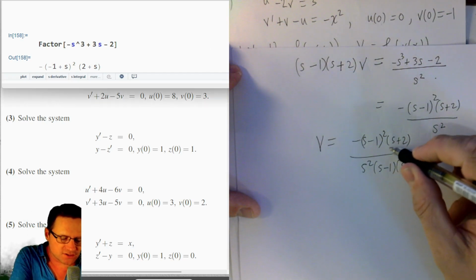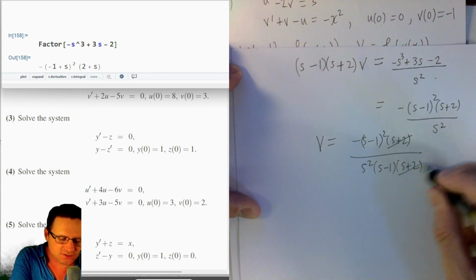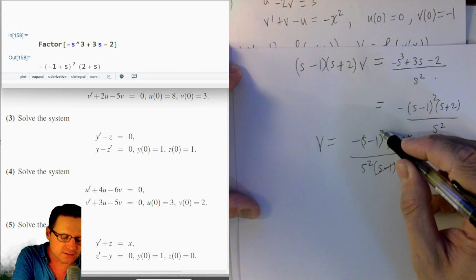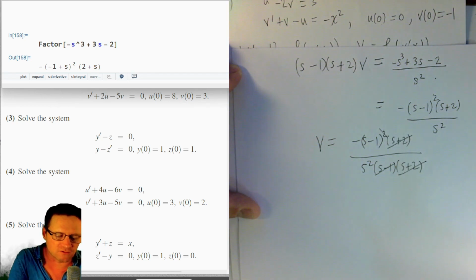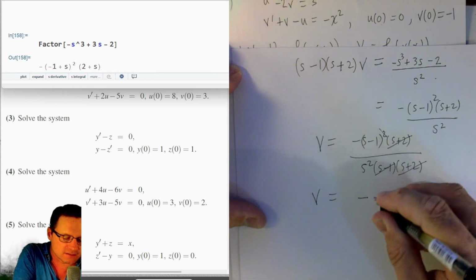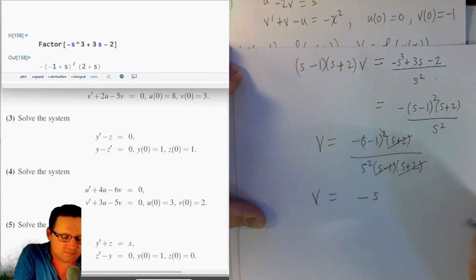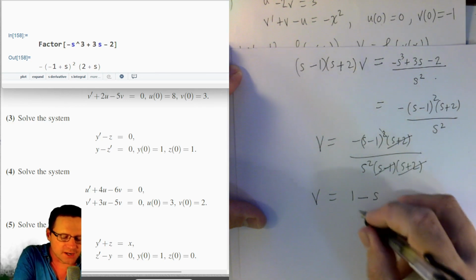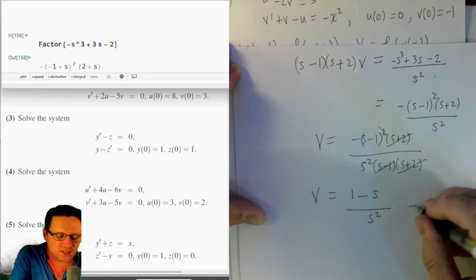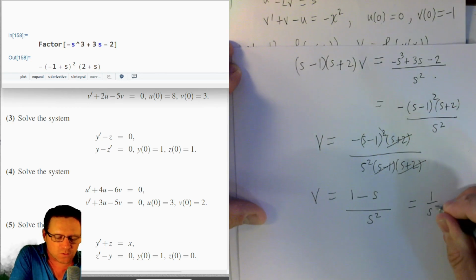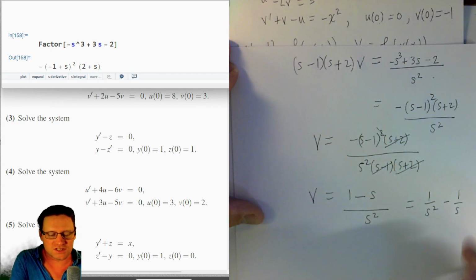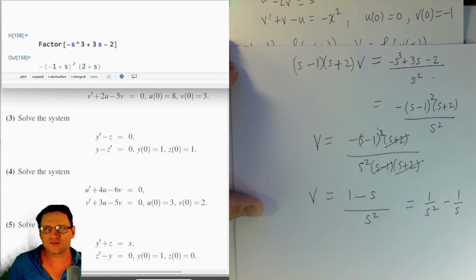Okay, so let's go ahead and do that. Canceling the s plus 2's, canceling one of the s minus 1's. So that will give us a power of 1 up there. What we get then is v equals minus (s minus 1) on the numerator, over s squared, which we can also write as 1 over s squared minus 1 over s, which is easy enough to take the inverse Laplace transform of.